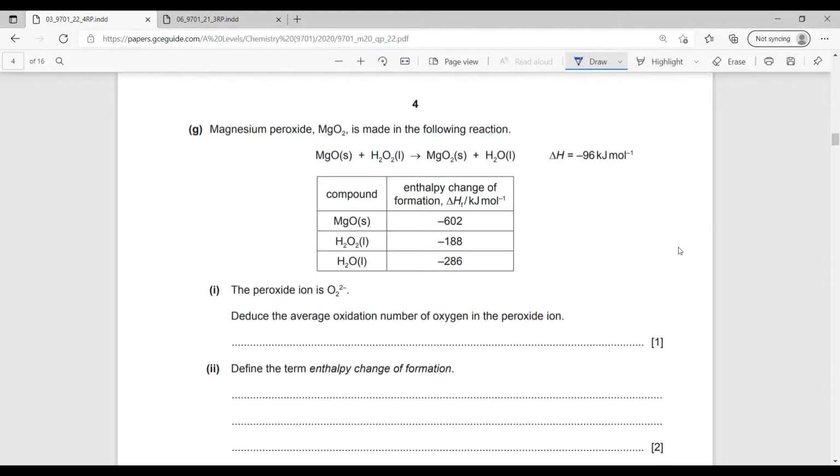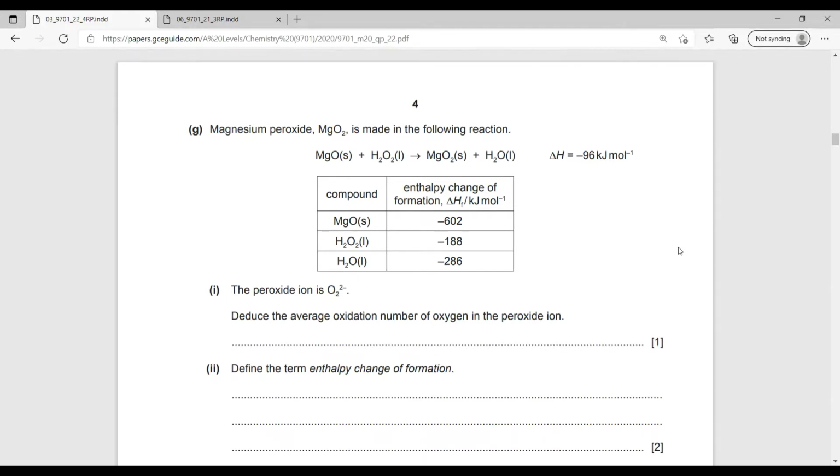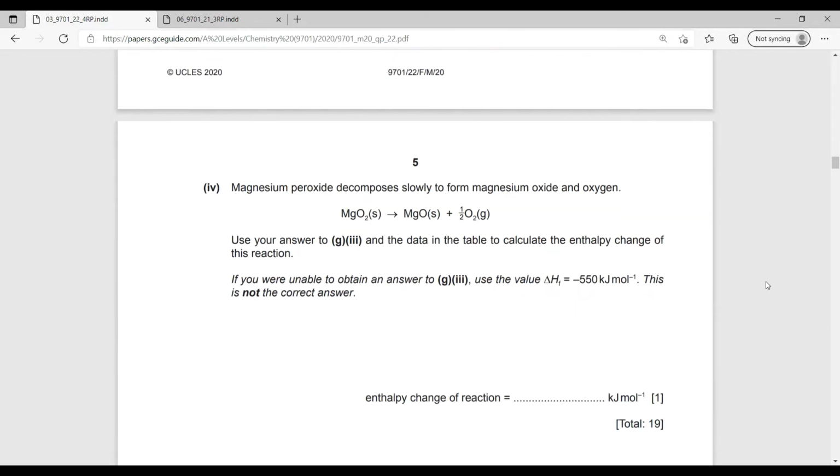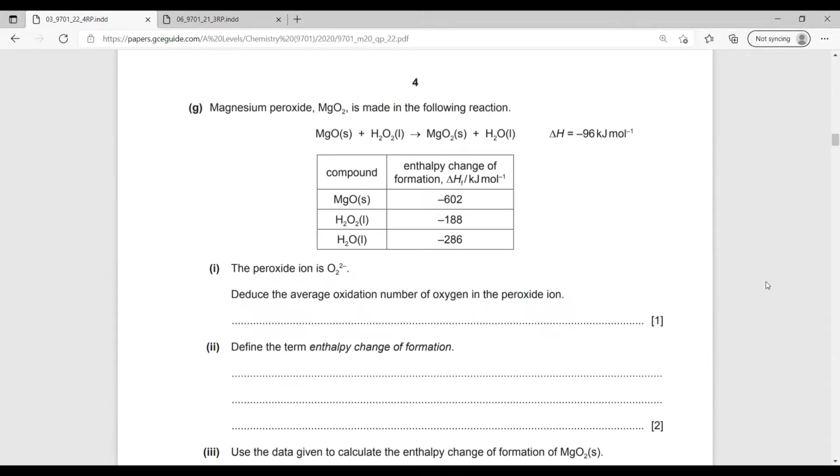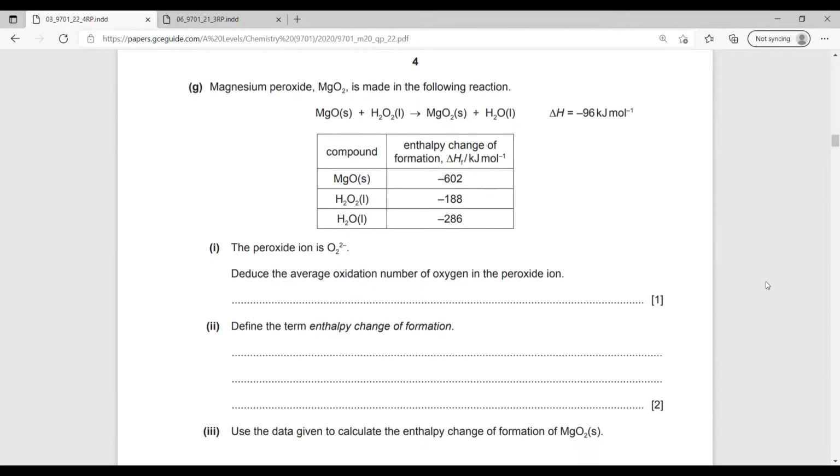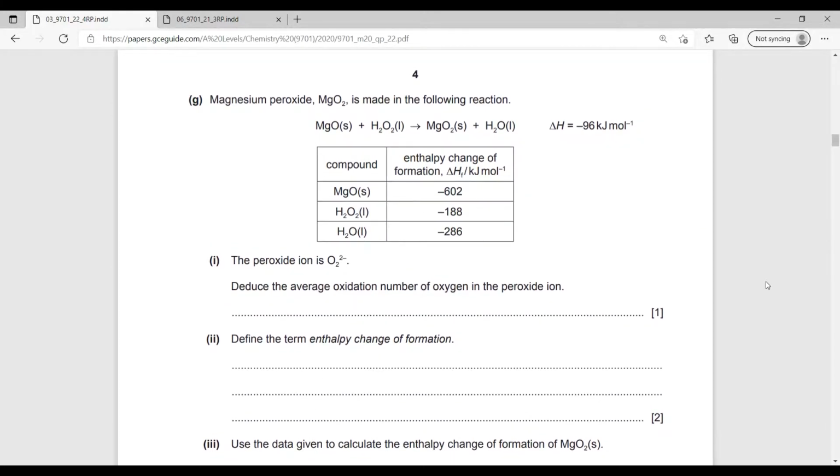Unlike enthalpy changes of formation, enthalpy change of combustion questions are not as common, and the two questions we'll be solving right now are pretty much the way they ask enthalpy change of formation questions and questions involving enthalpy changes. We won't be covering bond energies in this part, we'll cover it in the next part, so that is also another thing they can involve, but these types of questions are the most common. So let's go on to solve.